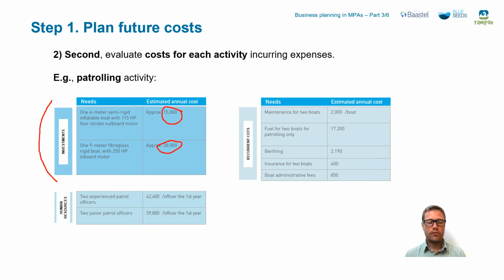You will need staff, of course, human resource costs, 2 experienced patrol officers, costing you 42,000 per officer and per year. And finally, there are recurrent costs, like the maintenance for the 2 boats, the boat's fuel expenses, or insurance costs.